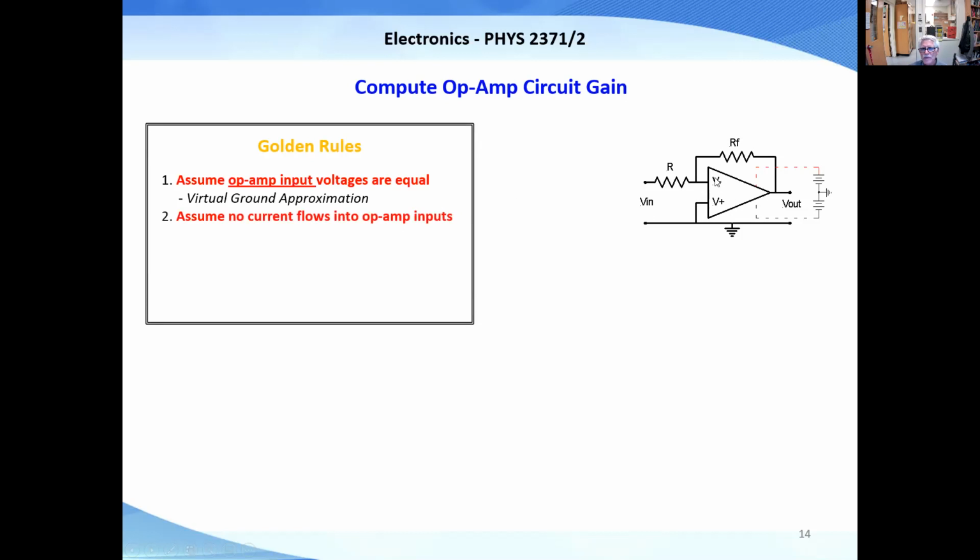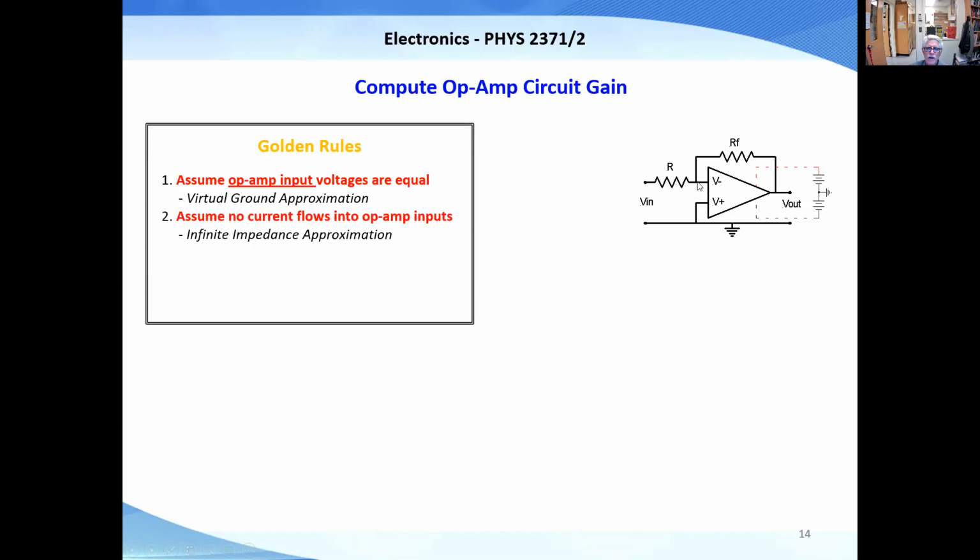Number two, you don't want to have any current flowing into here. So the input impedance of op amps is usually very high, close to a megohm. So almost no current flows into here. So whatever current flows through R would also flow through RF. This is called the infinite impedance approximation.